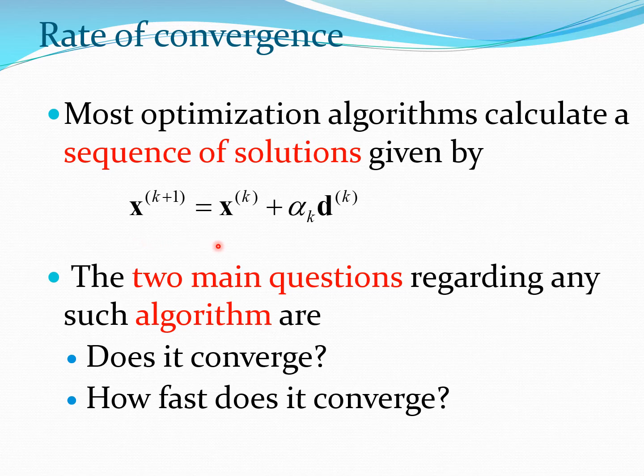Essentially this sequence is created using the equation x_{k+1} equals x_k plus the step size times d_k, the search direction. And how fast an algorithm moves towards its final solution depends on how x_{k+1}, x_k, x_{k-1} move and converge to a particular solution.